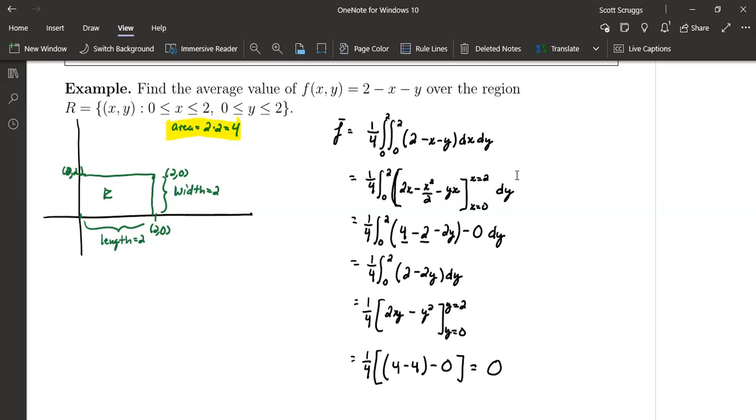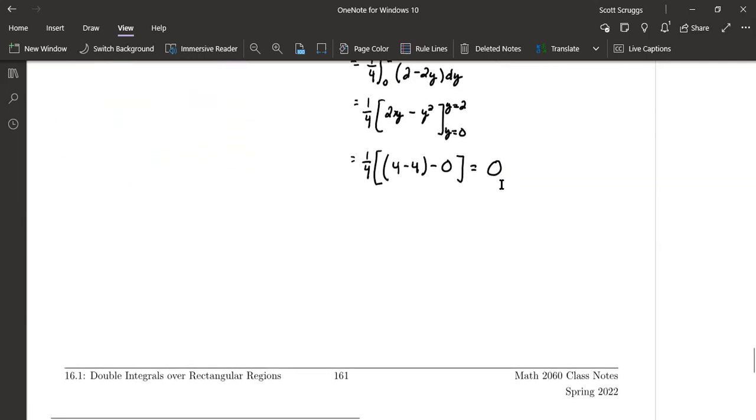Now, when we did this example, because it was a rectangular region, we were able to find the length and the width and use our equation for the area of a rectangle to get the area of the region. Well, now that we know our general area of a region equation, let's do that again, but now using our area of a general region equation to calculate that area.